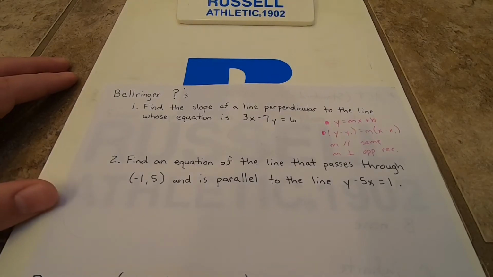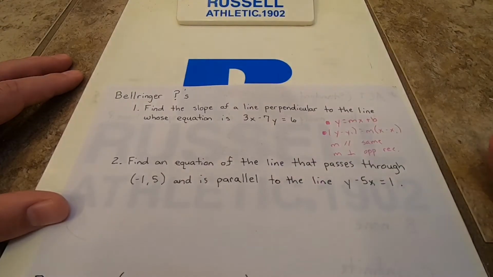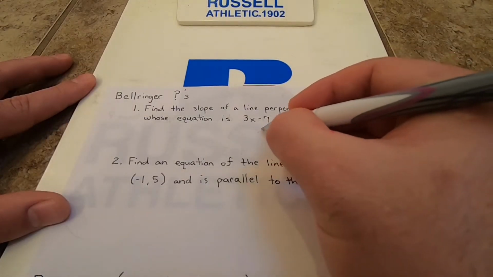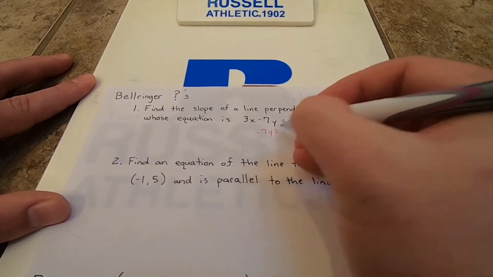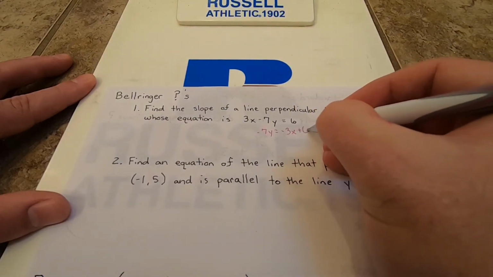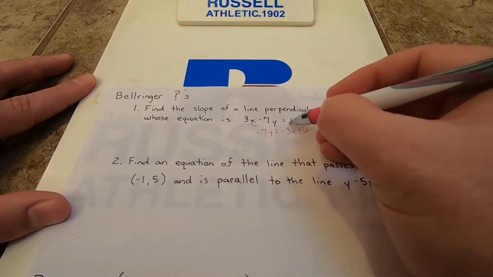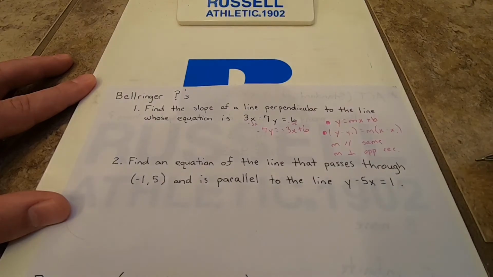We need to move the 3x term to the other side. We also need to get the negative 7 away from the y. So we can do that in two steps. First, subtraction with the 3x. We get negative 7y is equal to negative 3x plus 6. Again, that is found by subtracting a 3x.